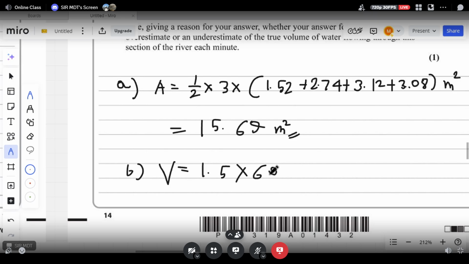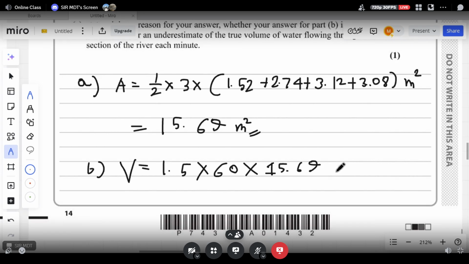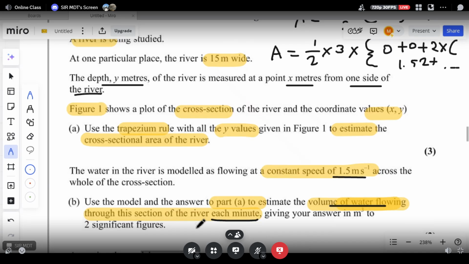We got the length, and with the length we multiply the cross section, 15.69. You will get the unit is what? Meter cube. So the volume of water flowing through this section of the river each minute, giving the answer in meter cube.